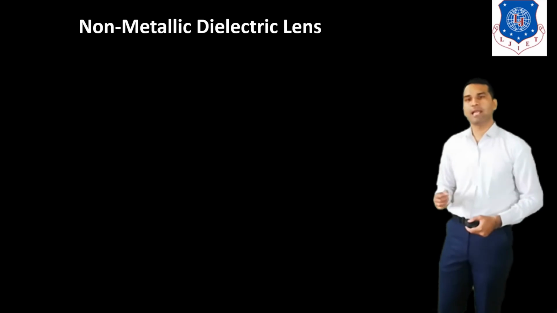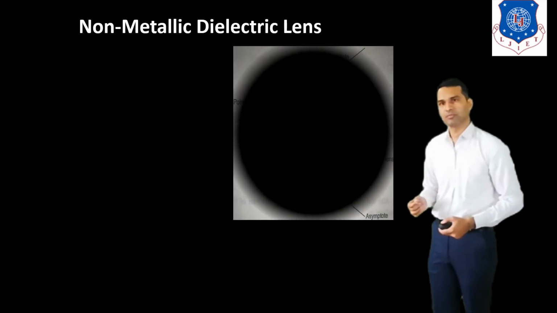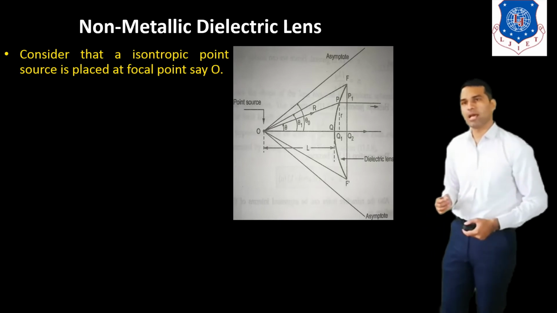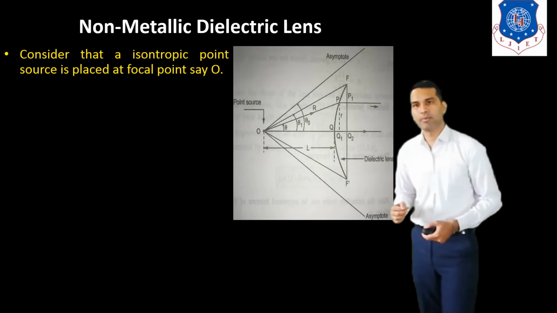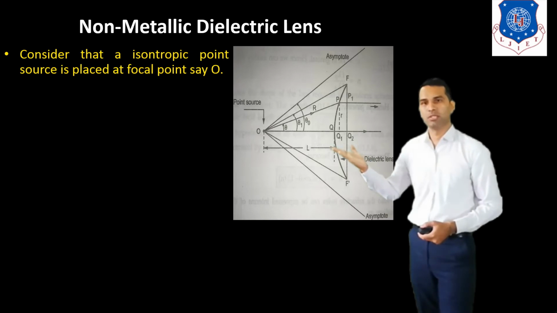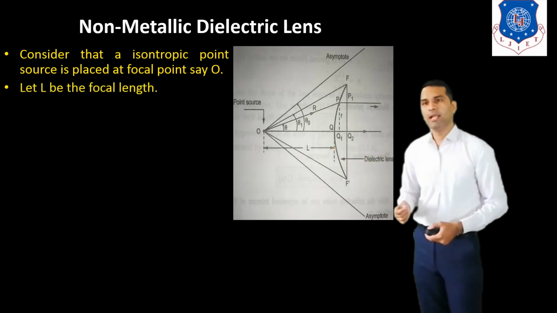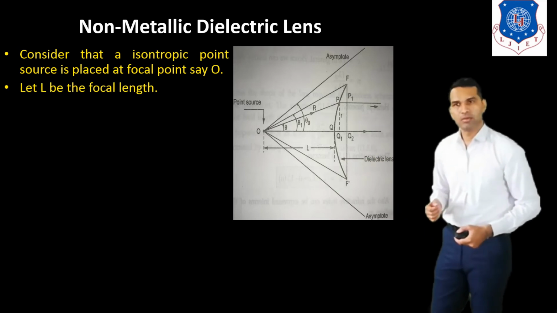Now, non-metallic dielectric lens. Consider that the isotropic antenna source is placed at the focal point, say O. So here in this figure we can see, let L be the focal length.